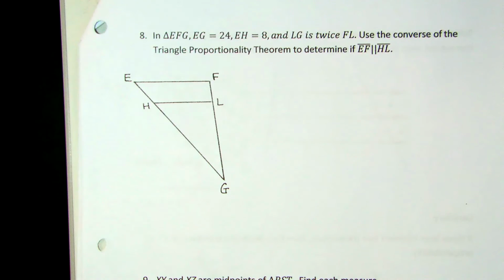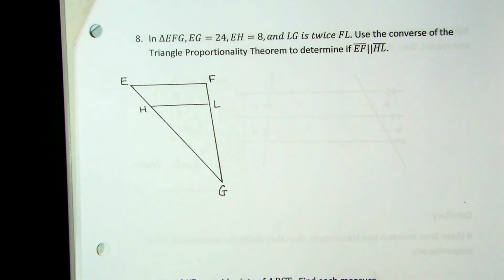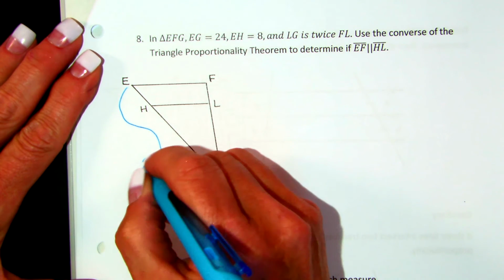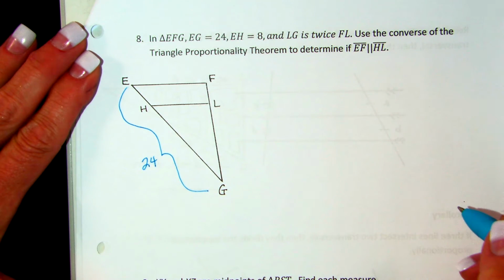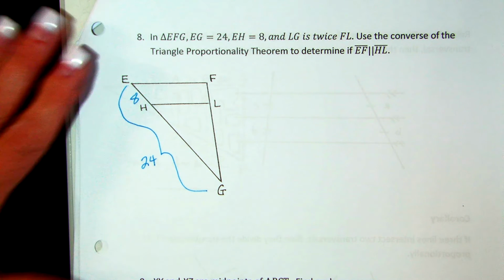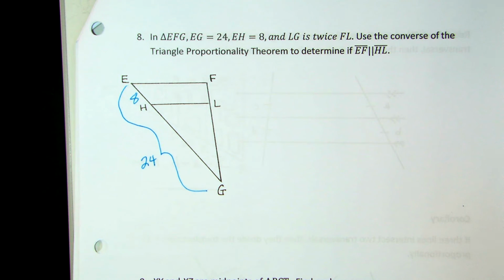All right, next problem. In triangle EFG, you know that EG is 24. And we know that EH is 8. We also know that LG is twice the length of FL.